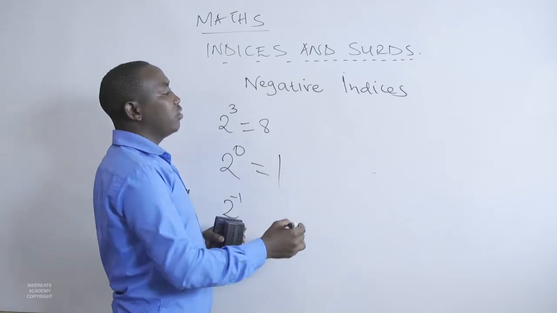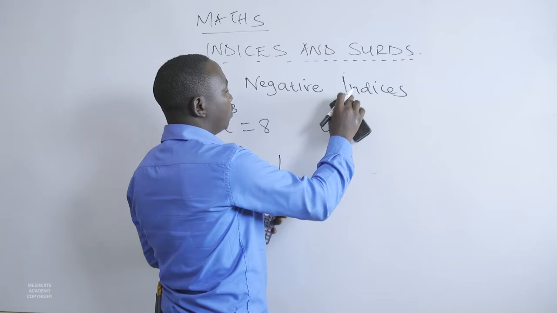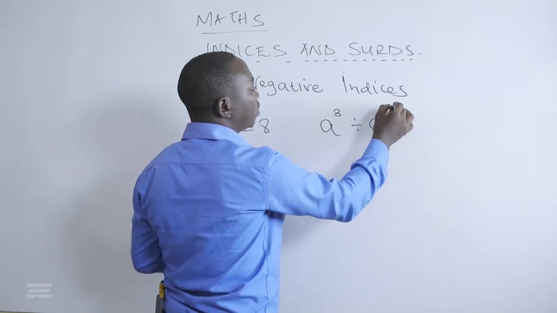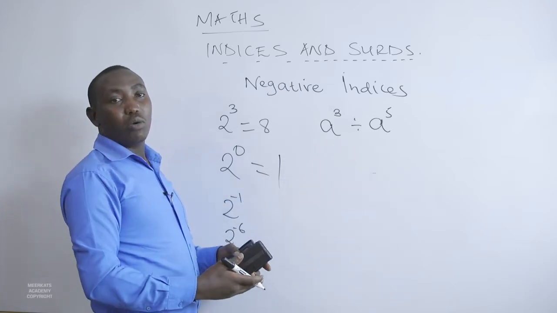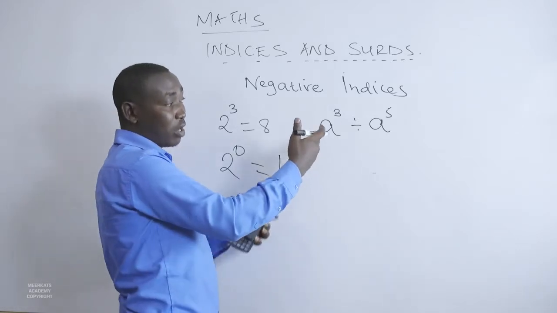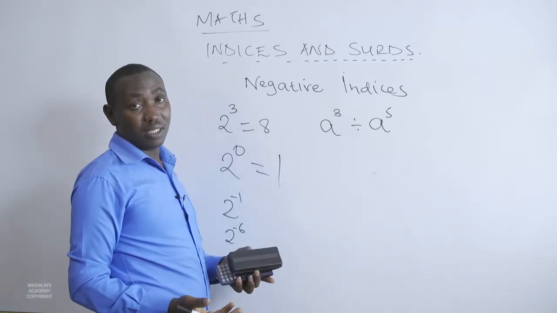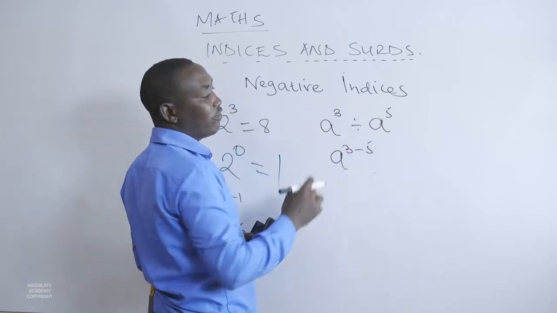And you can make a very good consideration of a number like a raised to 3 divided by a raised to 5. It will come clearly into your mind that because it is division, we simply need to subtract the powers, right? Now, when you subtract the powers, this will be 3 less 5.